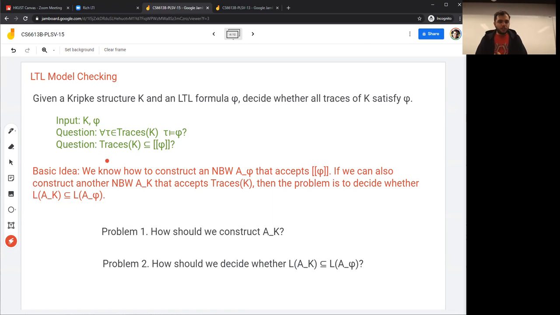then what we have to figure out is whether the language of that automaton is a subset of the language of this automaton.